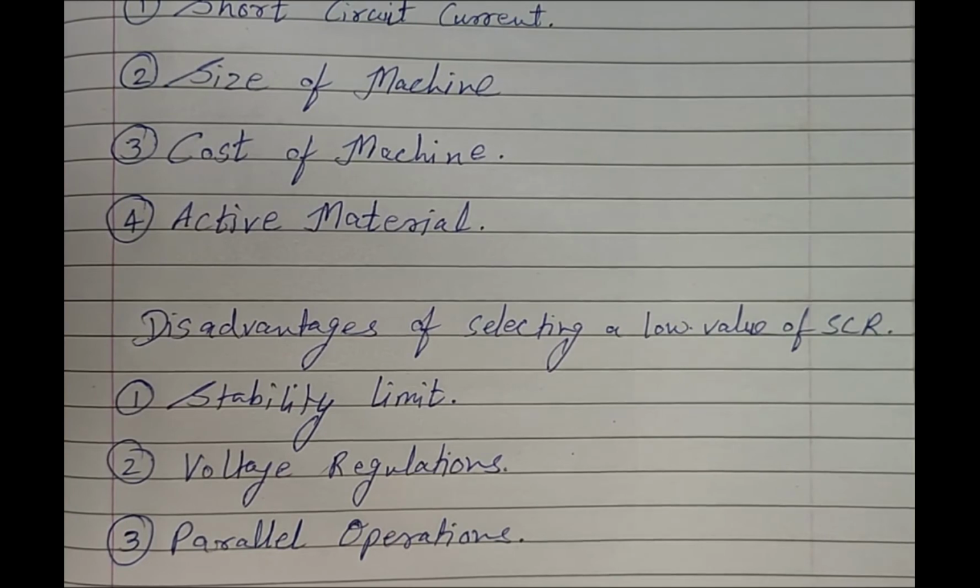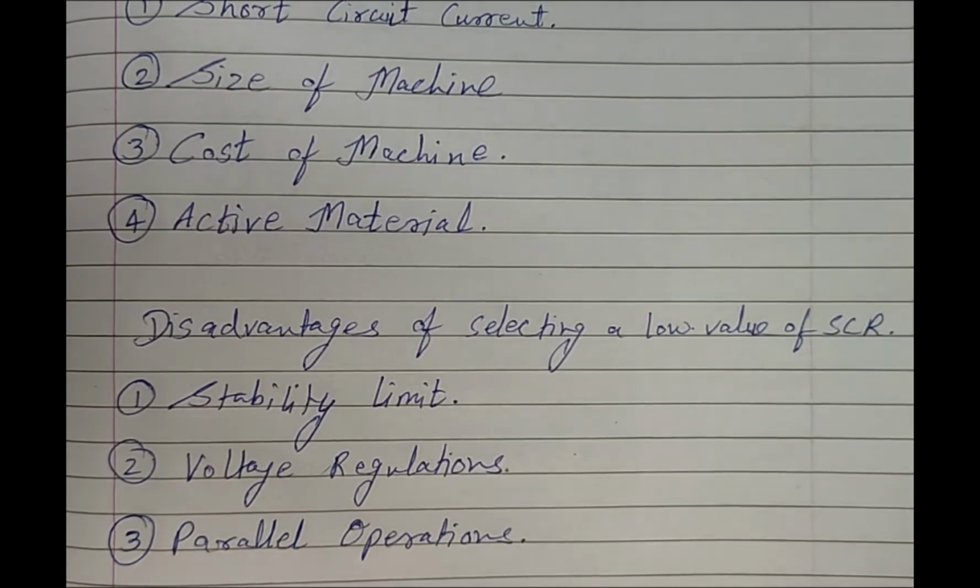So, since these two constraints are conflicting, a value of SCR is selected where a compromise has to be made between the above conflicting factors and a suitable value needs to be selected.